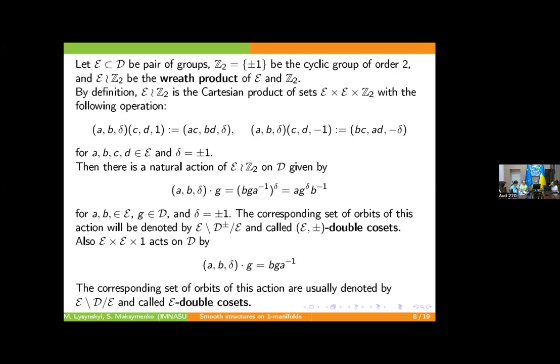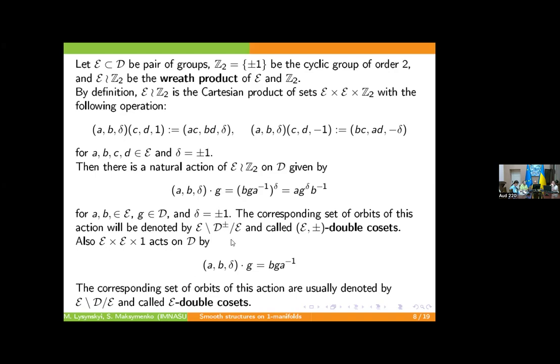But usual double cosets come from an action of a subgroup of this wreath product. So we just take a product of E by E, and we multiply from both sides by an element. And this is a standard construction. It appears in a lot of different papers in different branches of mathematics. And it is defined in this way, E D E, and it is called just the E double coset.